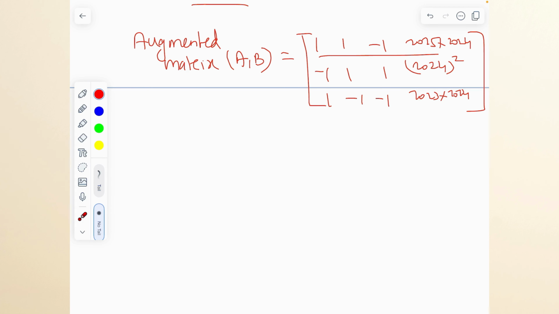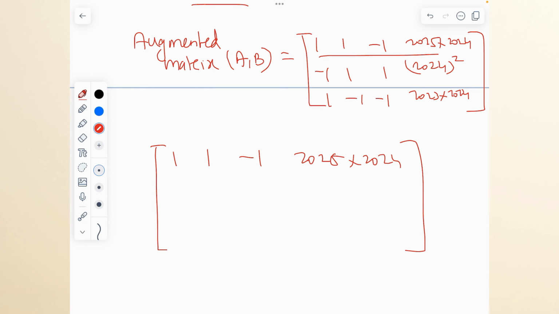Now the next step: write the first row as it is. For the second row, because this element should become 0, I'm going to write R2 as R2 plus R1.